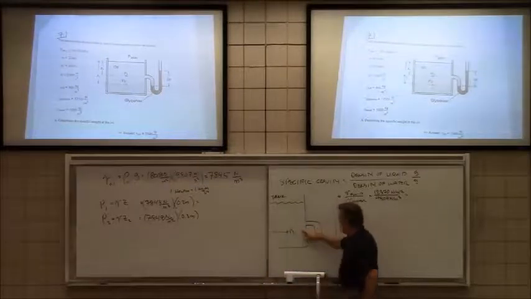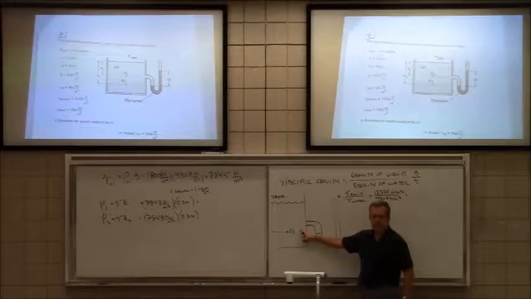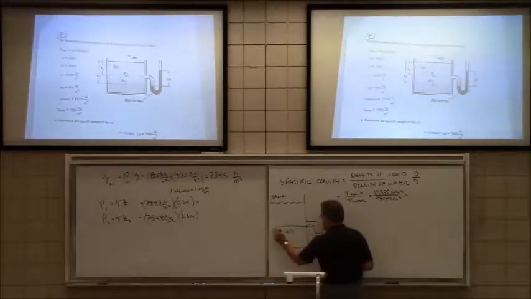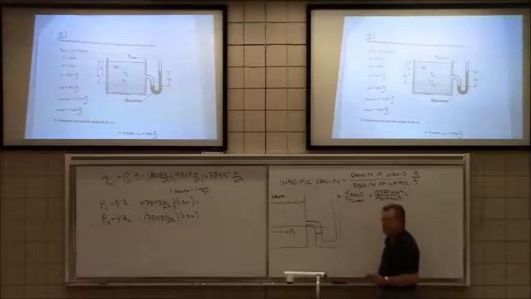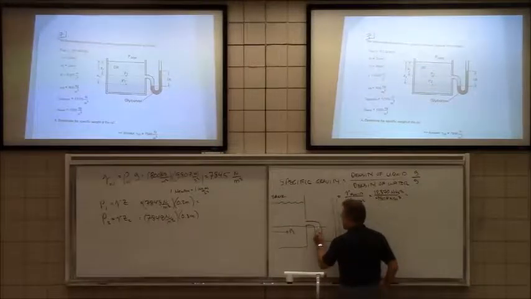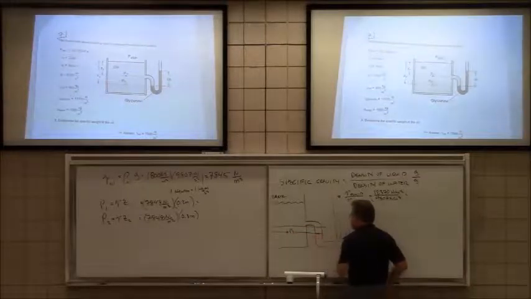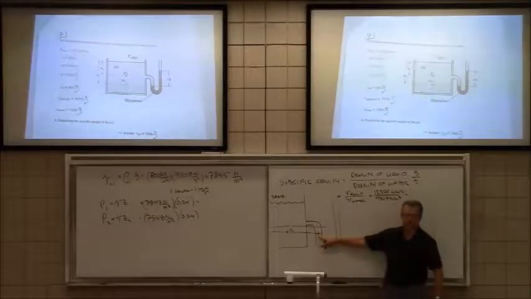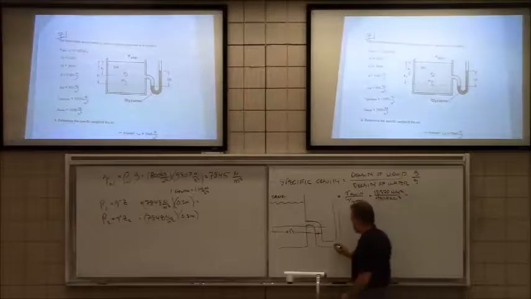Is this fluid the same as this fluid? Yeah. So then if I come across here, these are all lines of constant pressure. The pressure here is the same as the pressure here. So in this manometer, this is P2. Well, here's my glycerin.